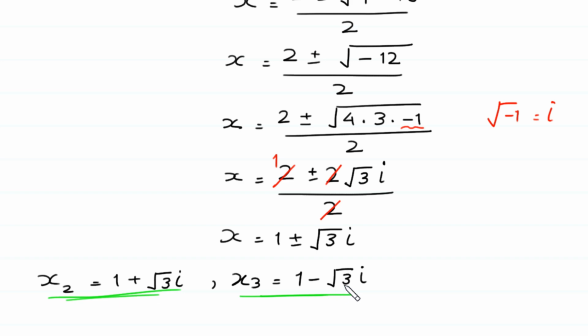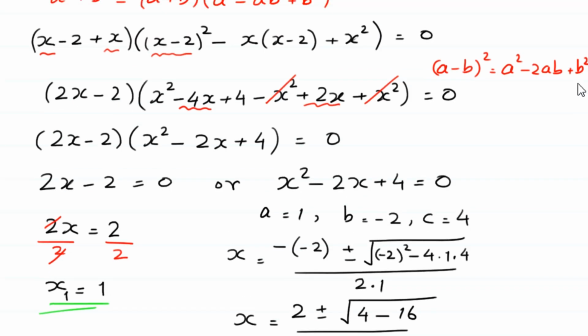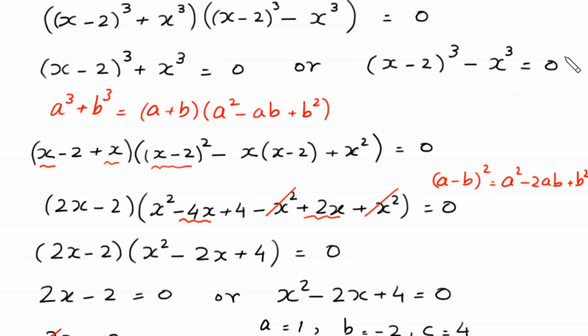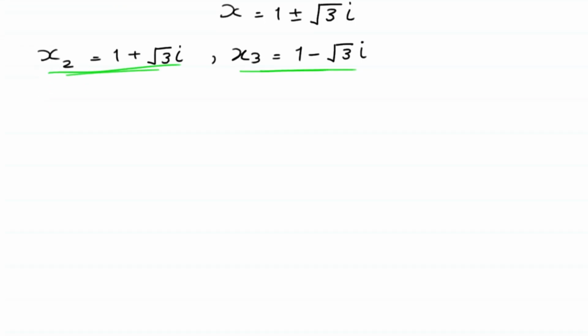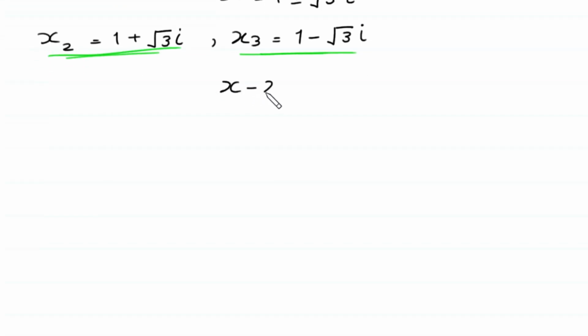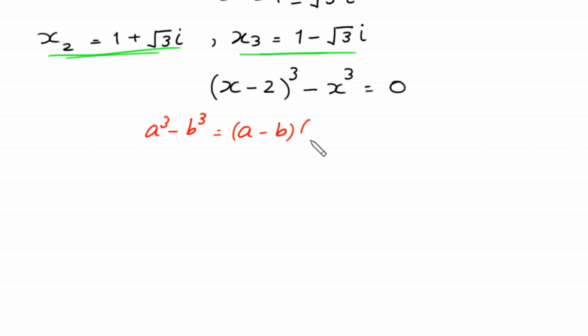Now to find the other three values of x, we solve this one: x minus 2 whole cubed minus x cubed is equal to 0. According to the algebraic identity, a cubed minus b cubed is equal to a minus b times a squared plus ab plus b squared.